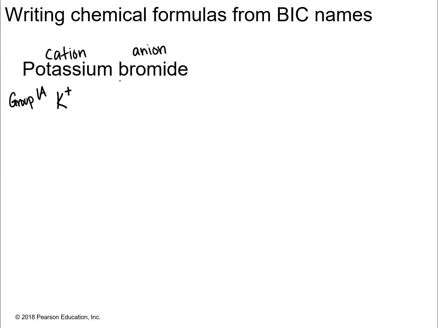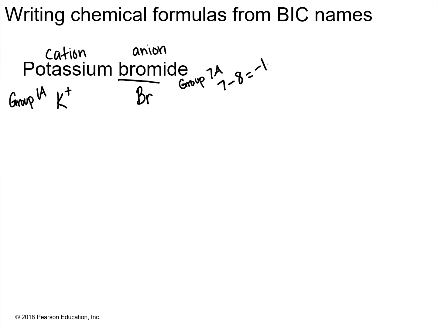Bromide, well, the root for that is brom, which means that it comes from bromine, and its chemical symbol is Br. We find bromine on the periodic table, and it is in group 7A. For monoatomic anions, you take that group number and subtract 8 to find the charge.